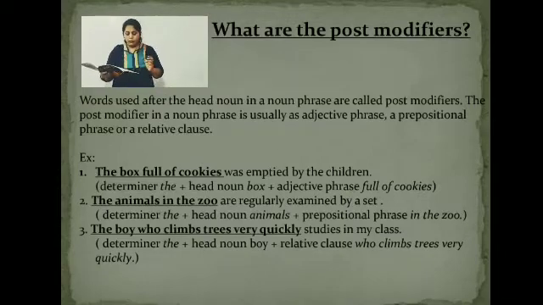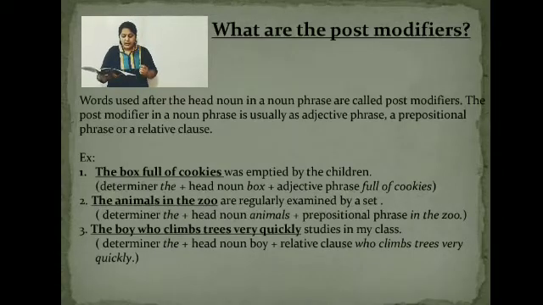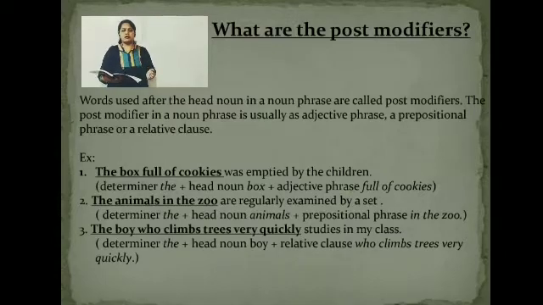Here boys is the head noun. Then sitting is sit plus ing, meaning it is the present participle. In that corner is the prepositional phrase, and that is the post modifier. There are some more questions given in the exercise.